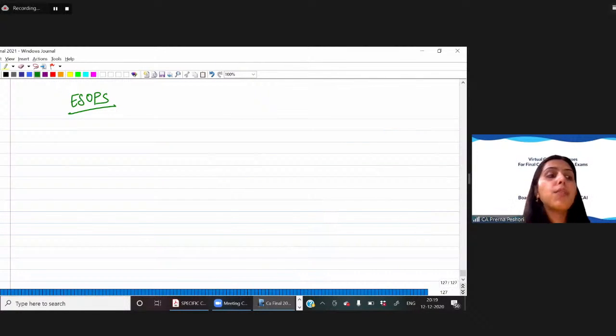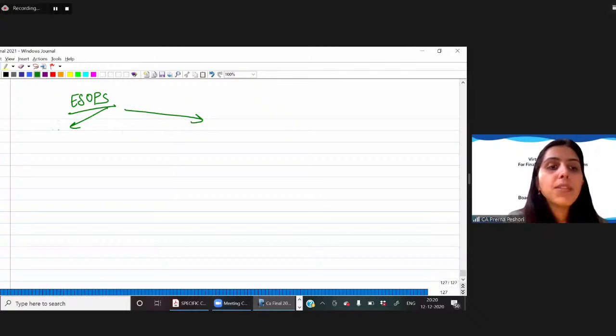Now, what will be the taxability on ESOPs? The company gives you the stock options plan and you can exercise the option and purchase the shares of the company. It is just like rights shares only, right? So here, when ESOPs are exercised and when ESOPs are sold.